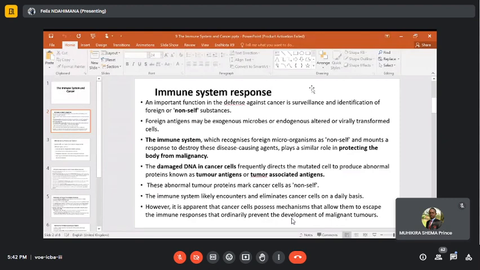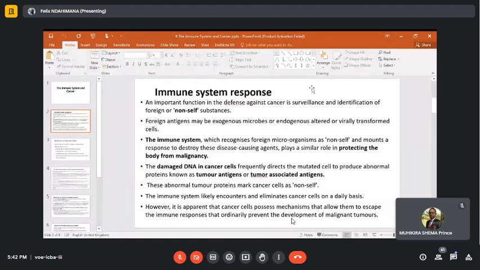So the immune system, which recognizes foreign microorganisms as non-self and mounts a response to destroy this disease-causing agent, plays a similar role in protecting the body from malignancy. This is what it should be doing. If it is able to recognize all foreign substances and respond to them specifically, it should be protecting us from malignancy.